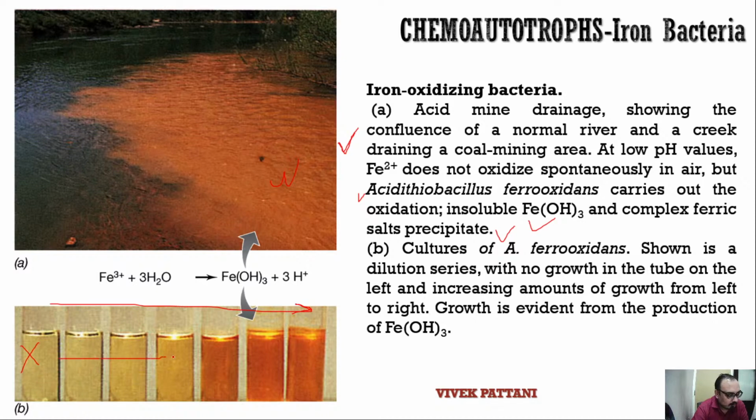As we move forward, the growth increases, as it is a dilution series. Growth is evident by the production of Fe(OH)3. You can clearly see a darker shade, which is produced by Fe(OH)3, with the help of ferrous oxidants.